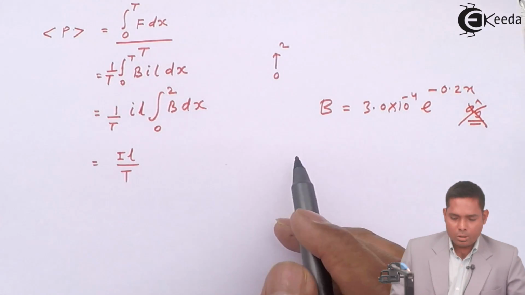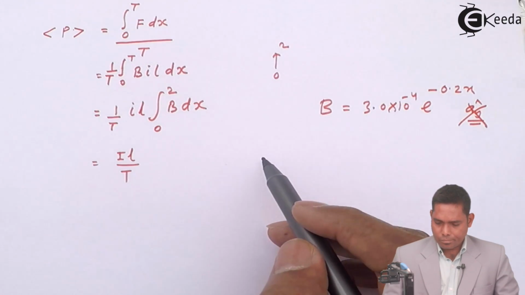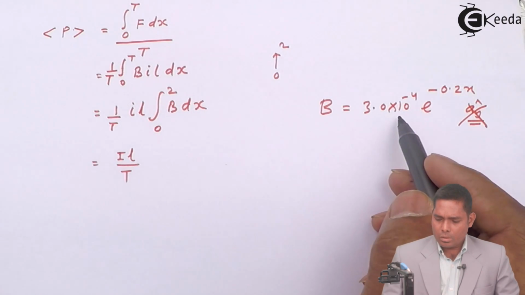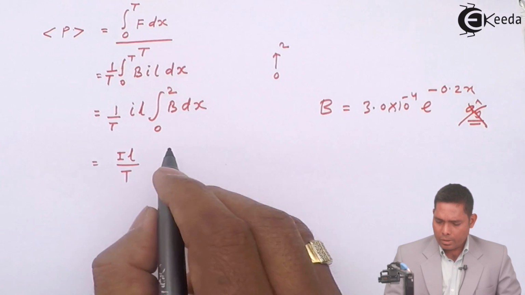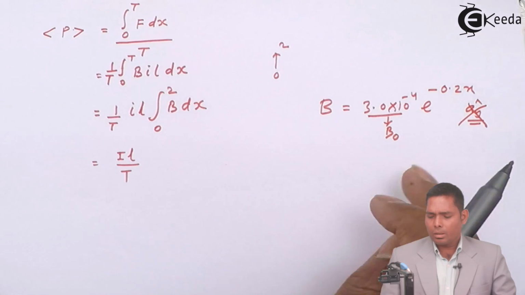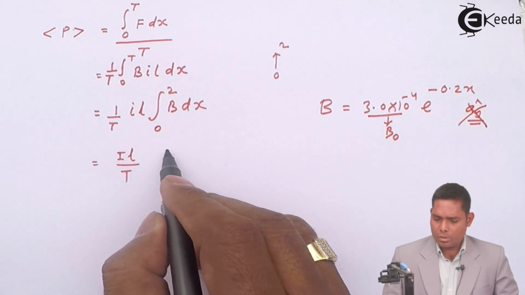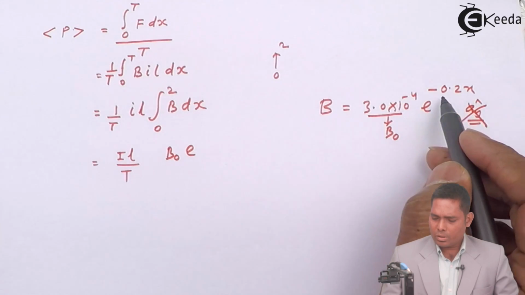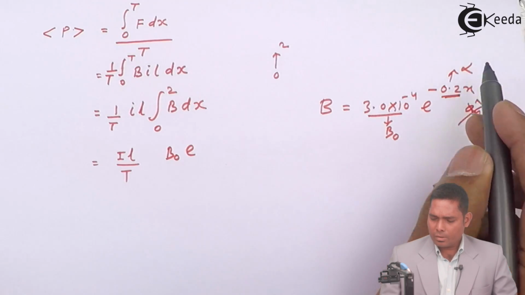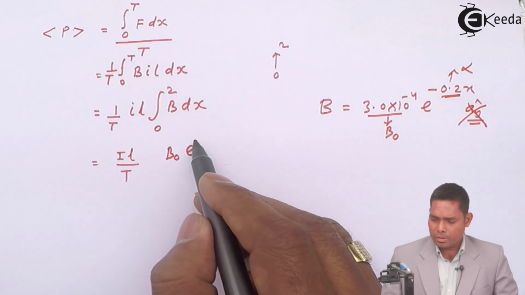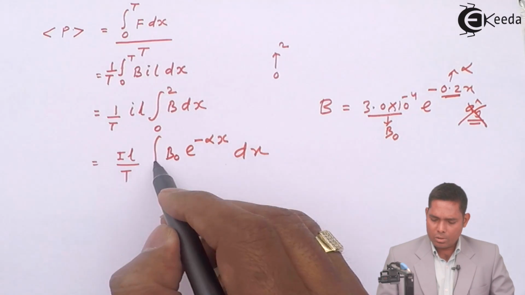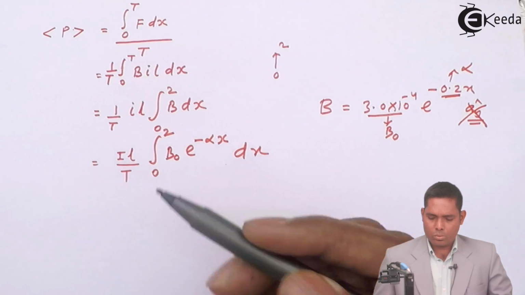So this is the value of B. For the time being, I consider this as B naught, the maximum value possible, into e raised to minus alpha x, where alpha is some constant, and dx integrated from 0 to 2.